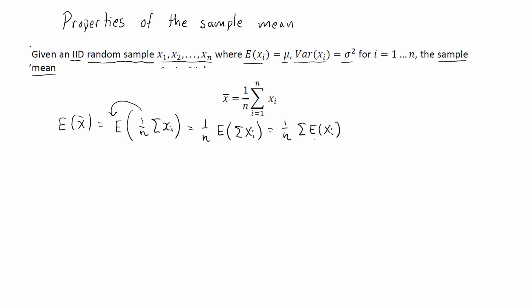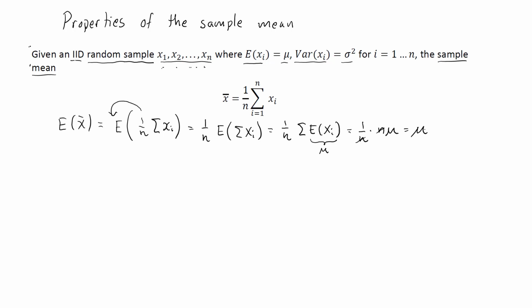All of these expectations are the same number. We denoted it by mu. Since the sum goes from 1 to n, the sum becomes equal to n mu. The n cancels, and we see that the expected value of the sample mean is the same as the expected value of each individual random variable in the sample, namely mu.